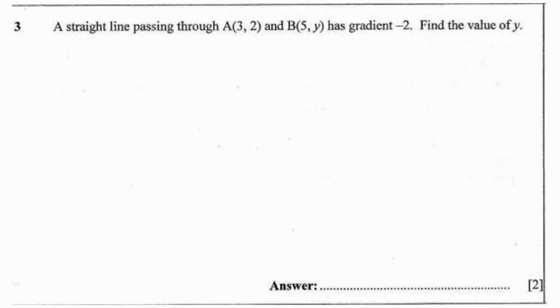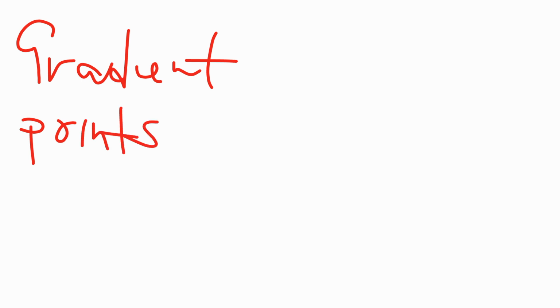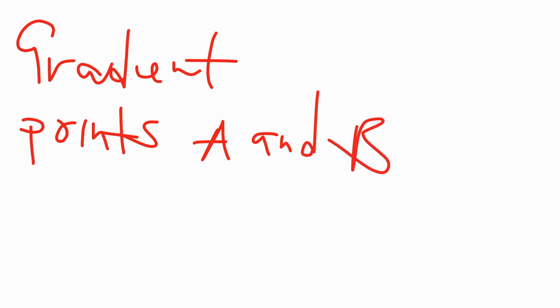So now we first identify what they want and what information we have. Number one, the information we have: since we are given the gradient, we are also given the points, which are A and B. Since we have point A and point B, that will help us find this problem, because we have two things: the gradient and the points.